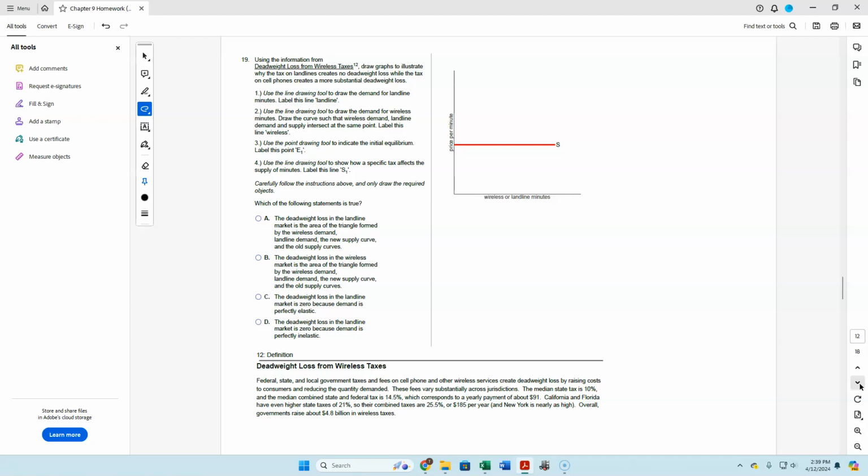Question 19 is a definitional question. In this case, where the supply is perfectly elastic, then you would need to look at the demand function.